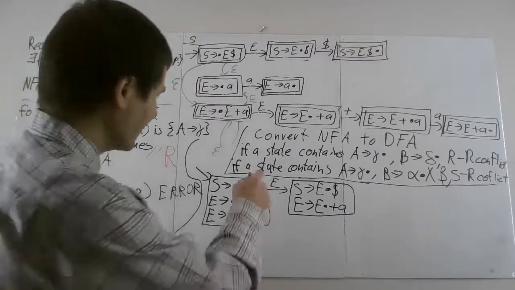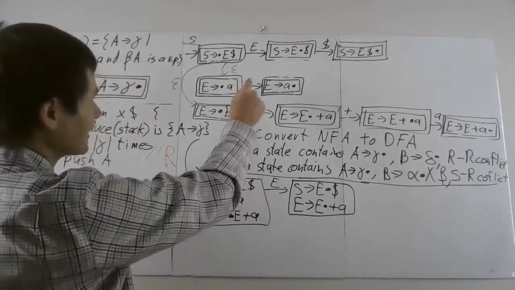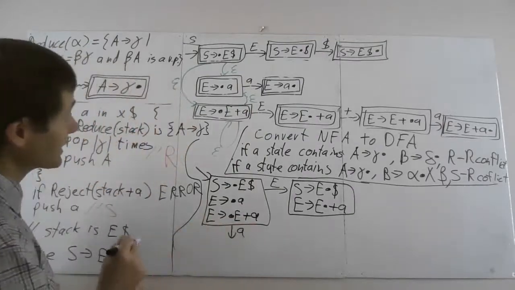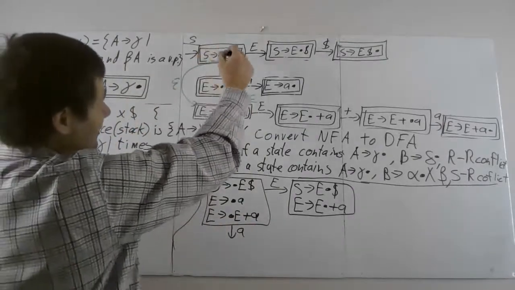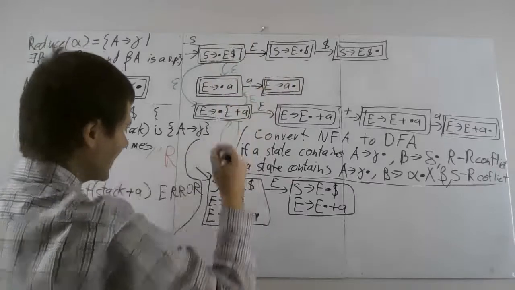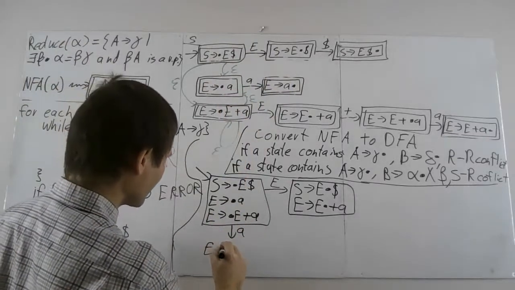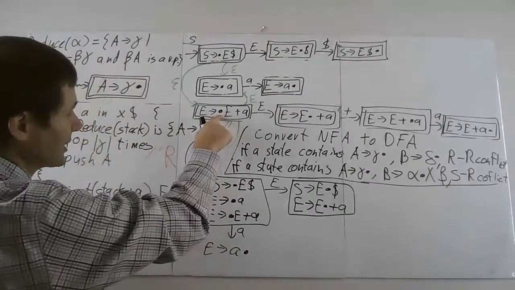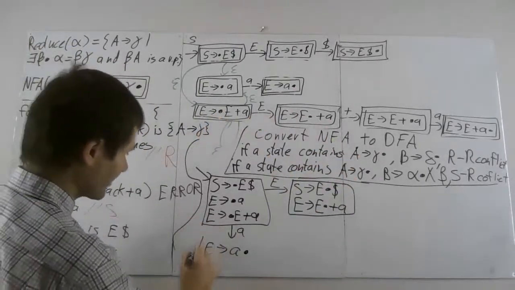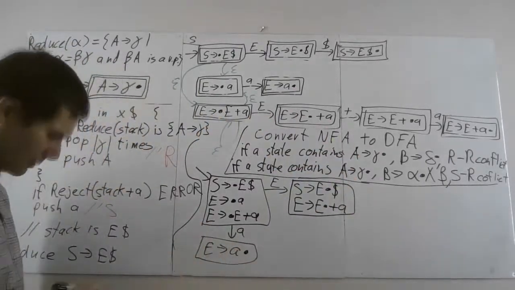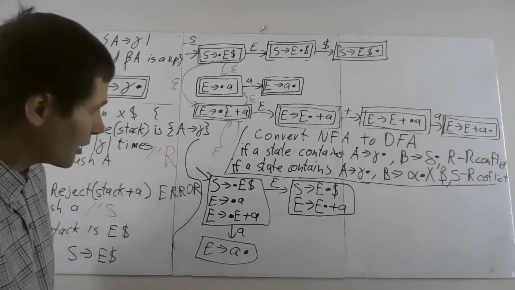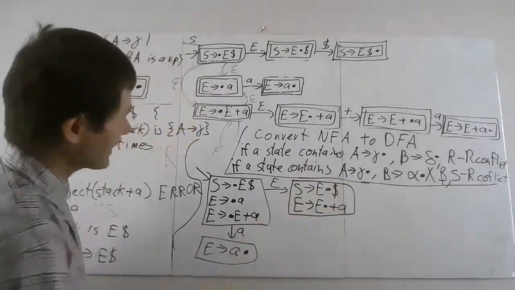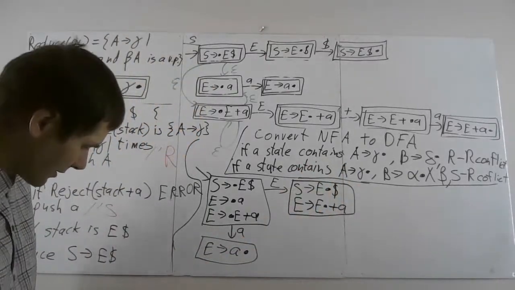Okay, if I'm in that start state, the other symbol I might see is an A. If I see an A and I'm here, I go nowhere. I'm here, I go to E goes to A dot. And if I'm here and see an A, I go nowhere. So I have a state here. Now if I look at this state, where can I go?